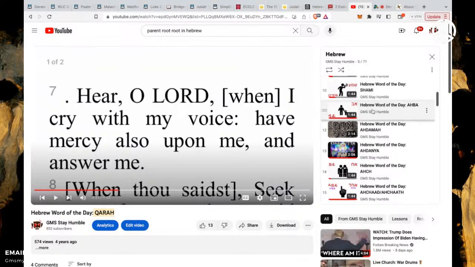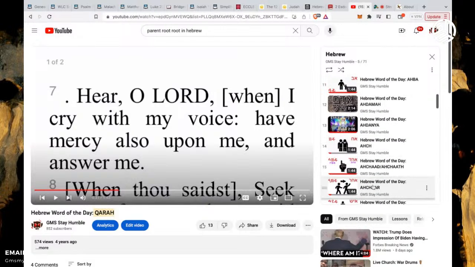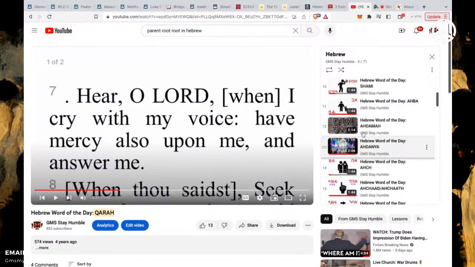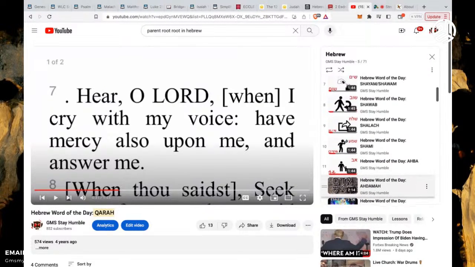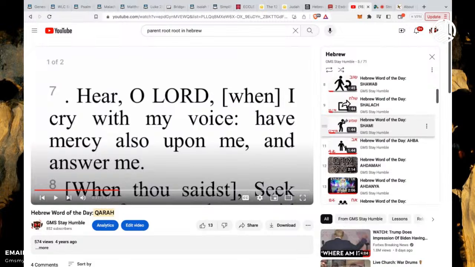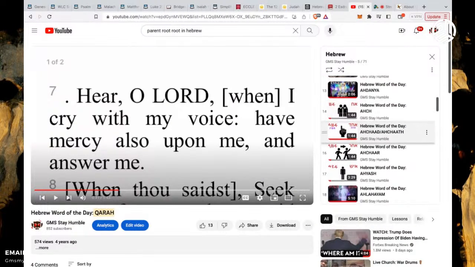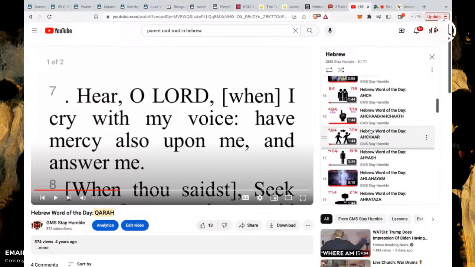Shama, which means to hear, Abba, which is father, Adama, which is ground, Ach, which is brother, Echad, which is one, and so on and so forth. If you notice, all of these Hebrew lessons that I did had, for the most part, two letters or three letters in them, which makes them root words.